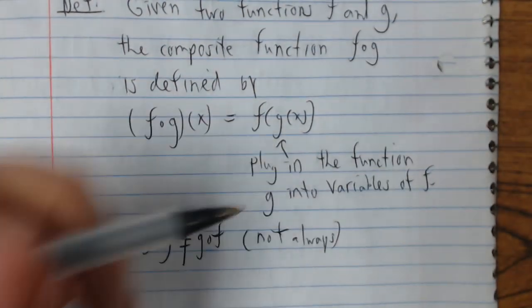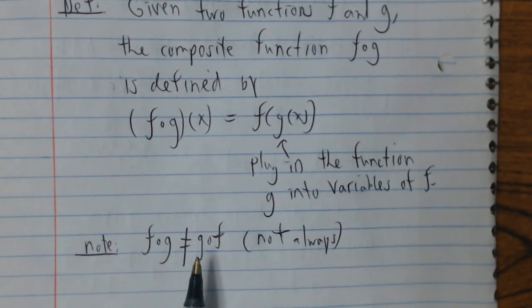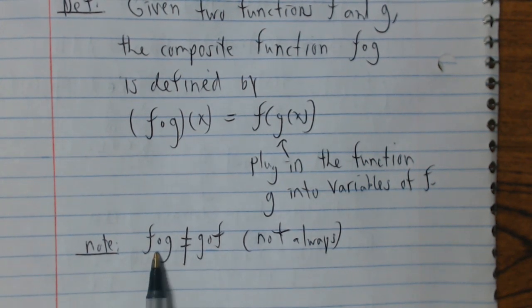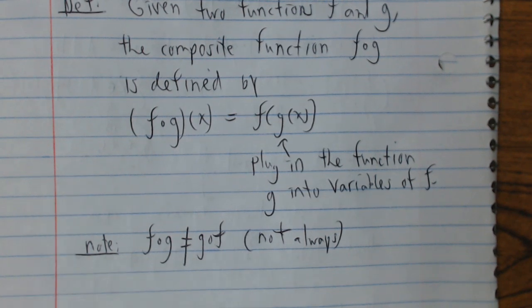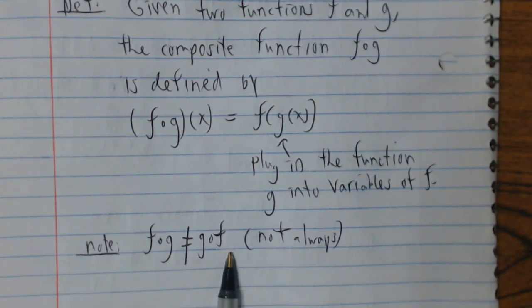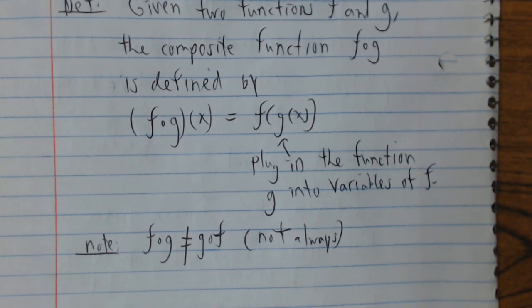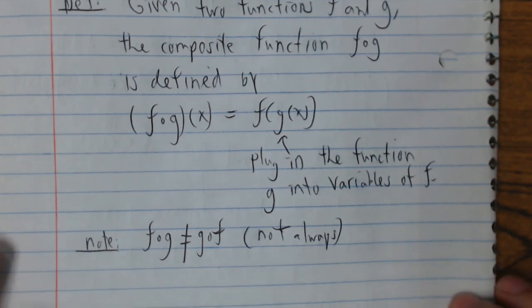If you remember back in analysis, the only time f of g of x will equal g of f of x is if f and g are inverses of one another. Other than that, the order is very, very important. So you could find f of g of x, and you could find g of f of x, and they will not be the same function, unless they're inverses. And in that case, both of them will equal x. So just keep that in mind. The order of composite functions is very important.